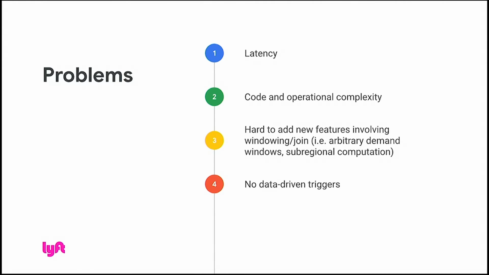So what are the problems with that? First one, obviously, is latency. So let's say the stages are scheduled to be computed every minute, and we have 3 of them. So the minimum latency of this computation will be 3 minutes. That's pretty slow, depending on what the use case is. And in this case, it's critical to be faster. Then there is code complexity and operational complexity.